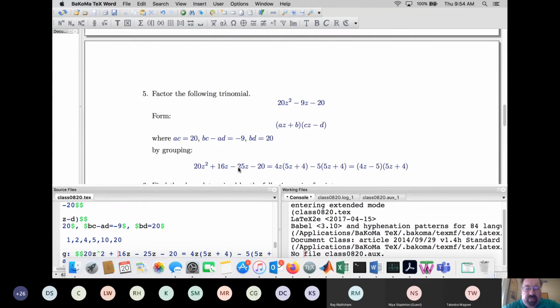But if I have a minus 23z here, 23 and 20 do not have common factors. So that was guiding my choice of these two terms to subtract. All right, I got it. Thank you. Okay. Can anyone tell me an approach to getting this factorization that does not require any trial and error?